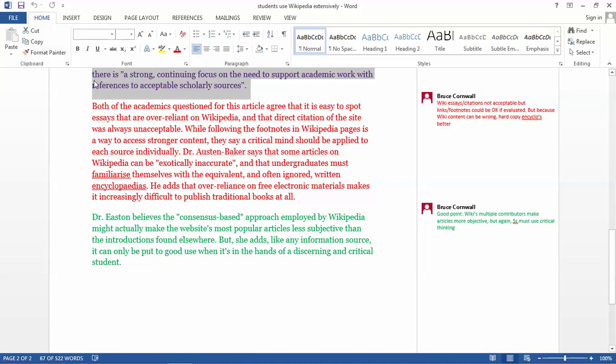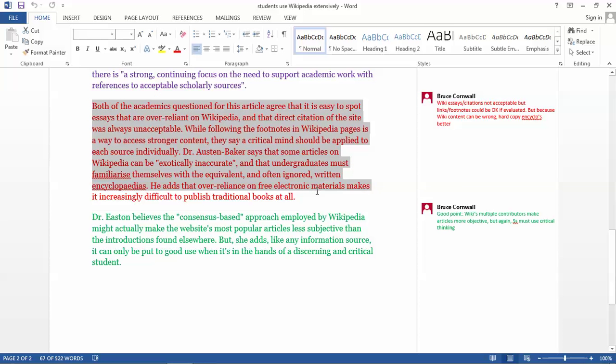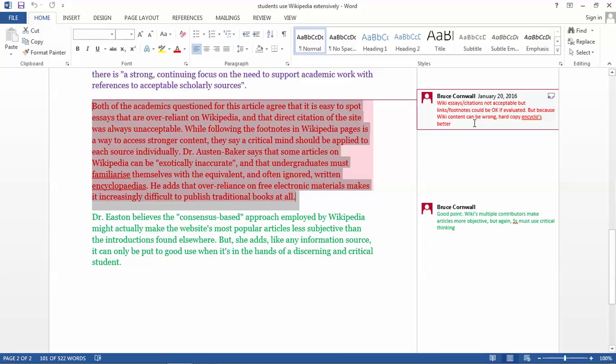then we come to the second last paragraph, and even though this is an argument essay, we're seeing that both the academics that contributed to this article agree that when students do use Wiki, it's easy to tell. And so therefore Wiki essays or Wiki citations are not acceptable.